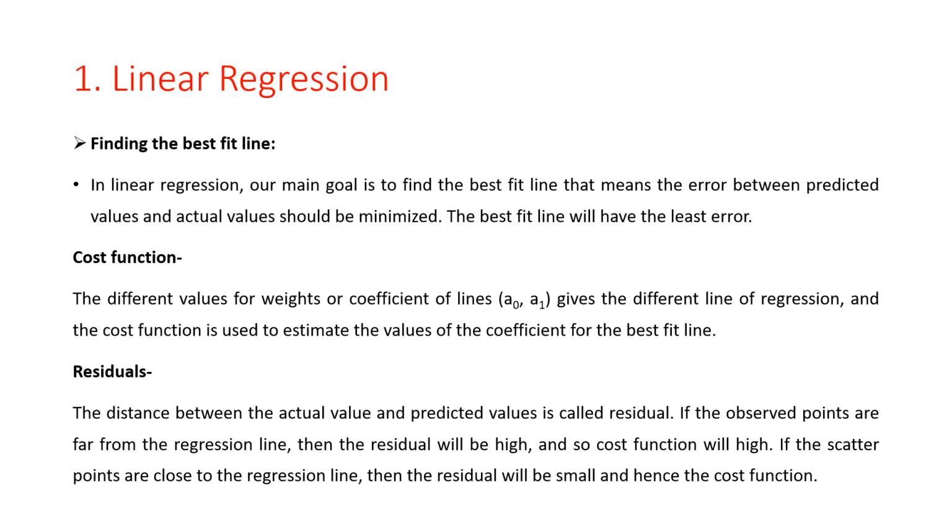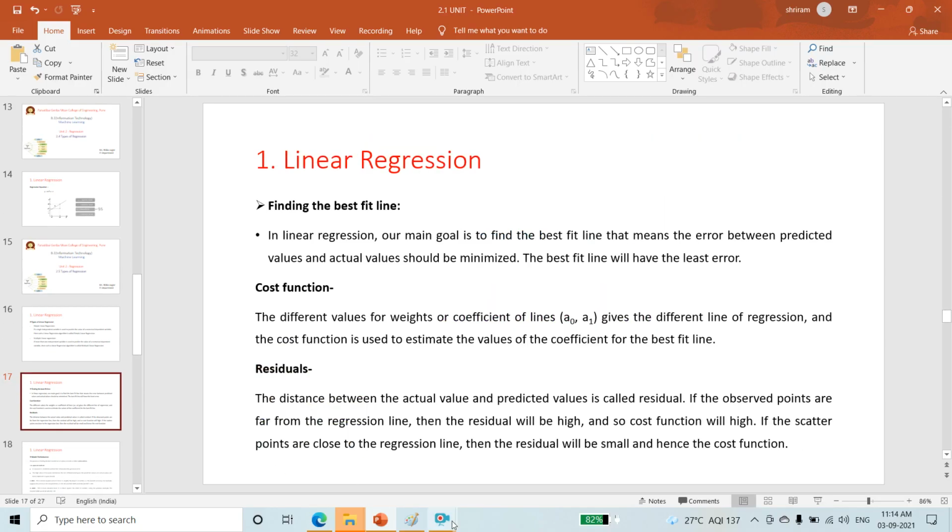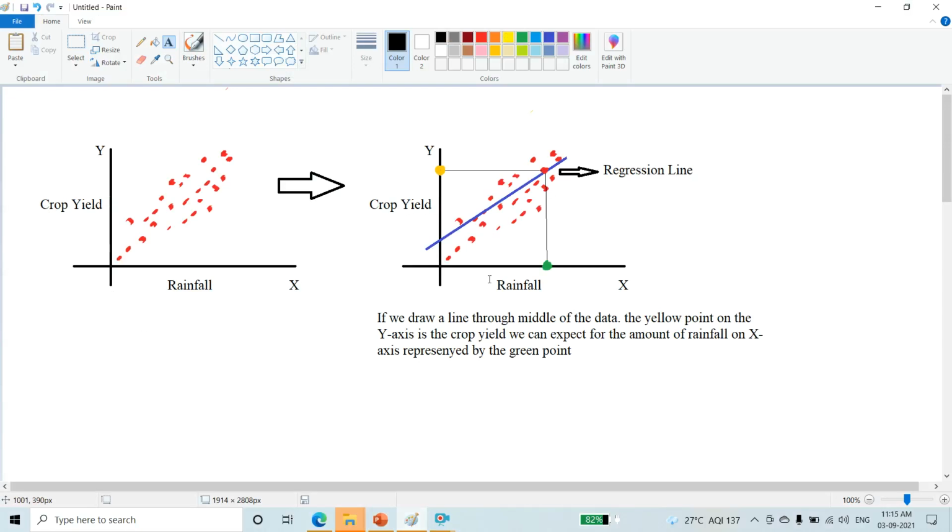So if the observed points are far from the regression line, then the residual will be high and the cost function will be high. See here, in the previous video we discussed this example.